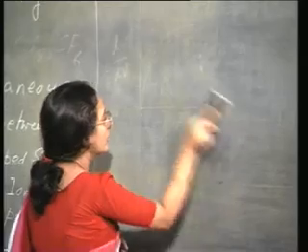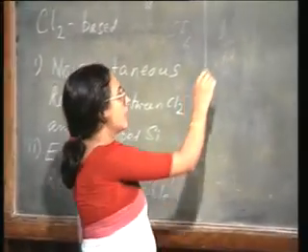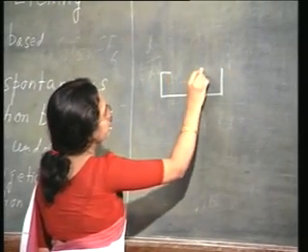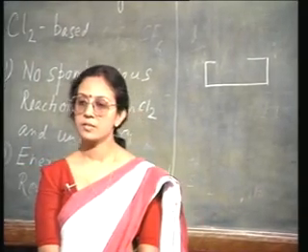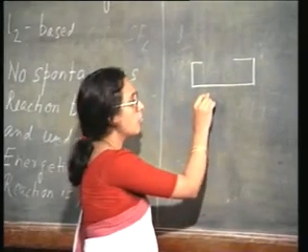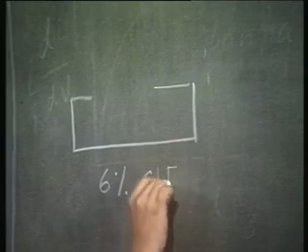The etch profile can also be shown like this. Let us say I have silicon surface, okay, and I have a very small percentage of ClF3.